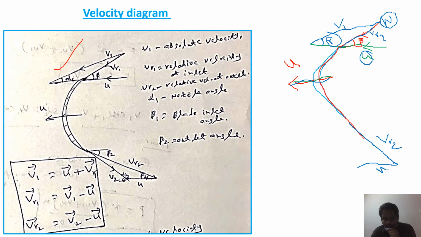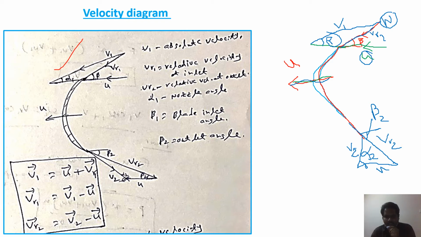And the remaining is the absolute velocity. This would be beta, the blade angle at outlet. This would be alpha, the nozzle angle at outlet. This is how we have to draw a velocity diagram.